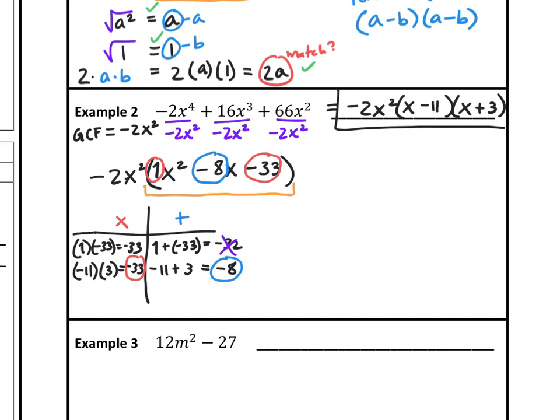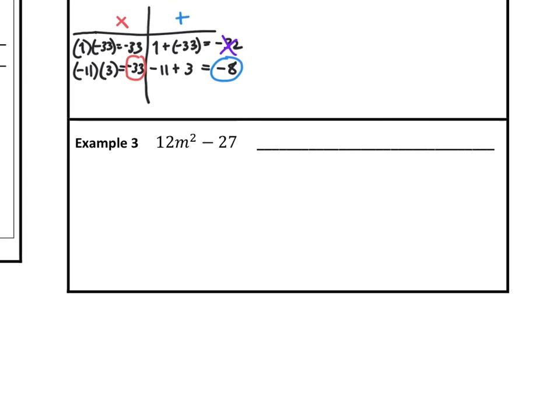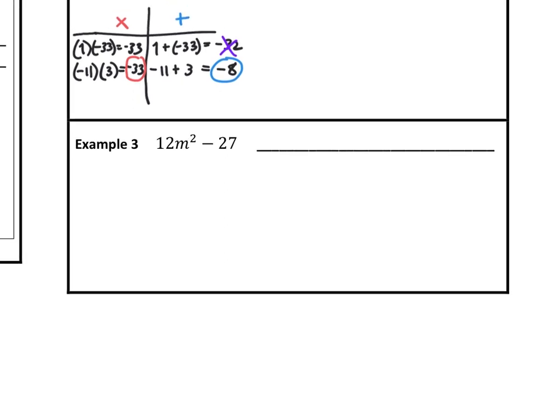All right. Let's go to number 3. So again, check for GCF. Well, looks like they don't have any m's in common, right? But can both of these numbers be divided by the same common number, greatest common factor? And it looks like they can both be divided by 3.